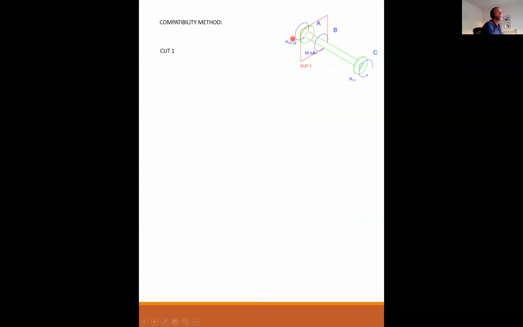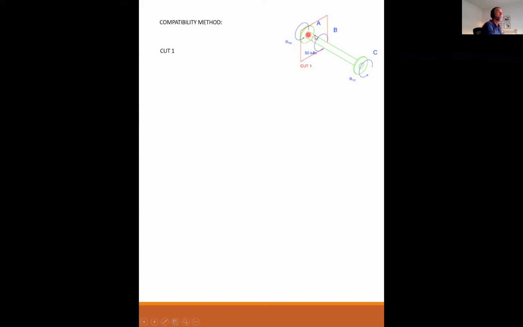I do not know the reaction at A. I do not know the reaction at C, but when I don't know what the reactions are, I draw them in the positive sense. So again, using the right-hand rule, running my thumb down from B to C, curling my fingers, RTA, I drew it as positive. RTC, I drew it as positive.